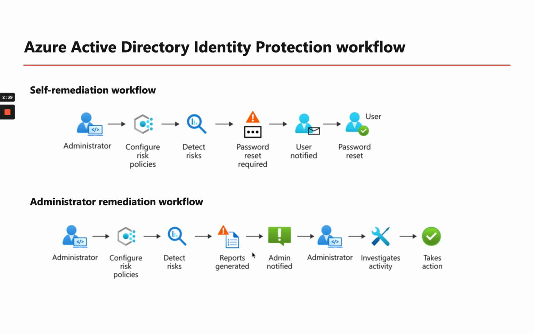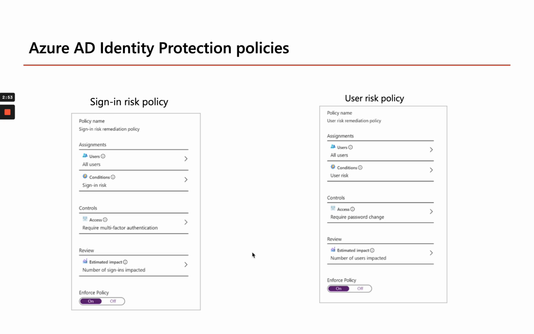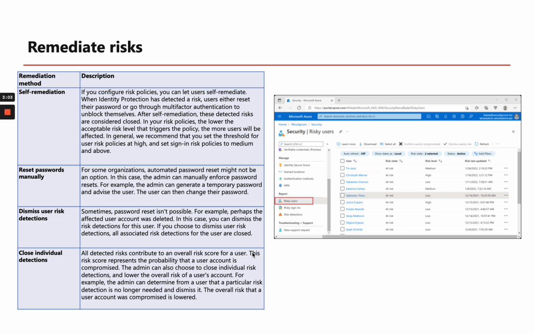So keep in mind that one is very proactive and one is more reactive, like the admin is going in and doing their job based on some incident or some support ticket, whatever it is. So I will briefly show you the risk policy, and then how it blends in. I'm going to talk about that for a few minutes, and then we're going to conclude on that one.